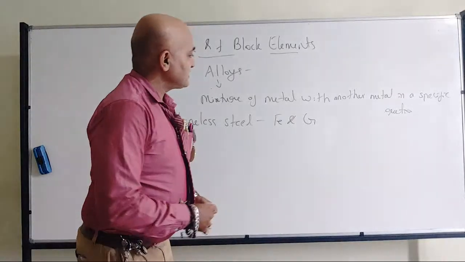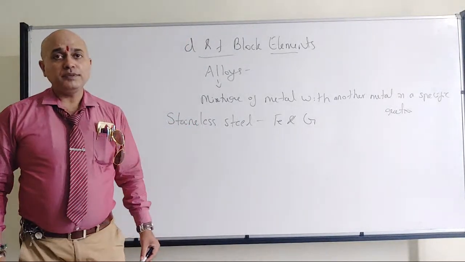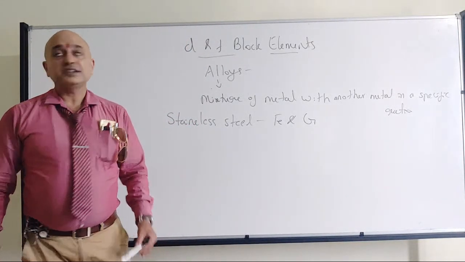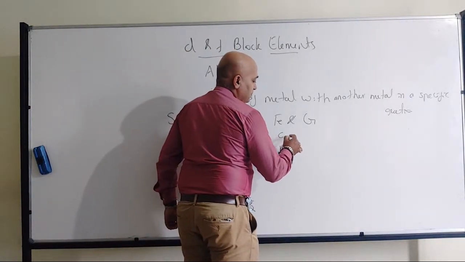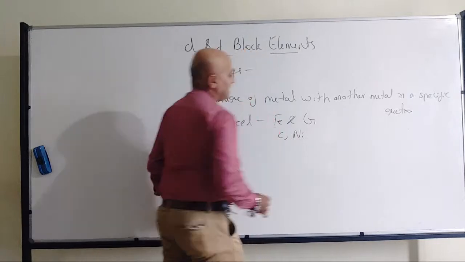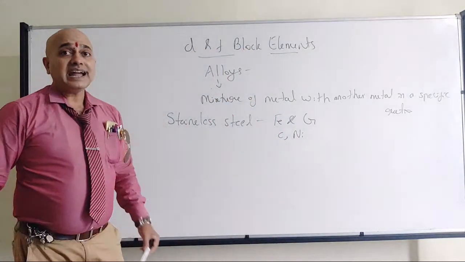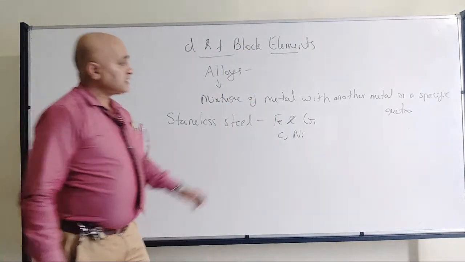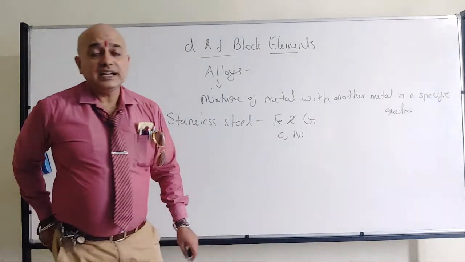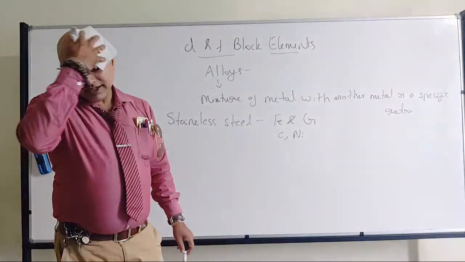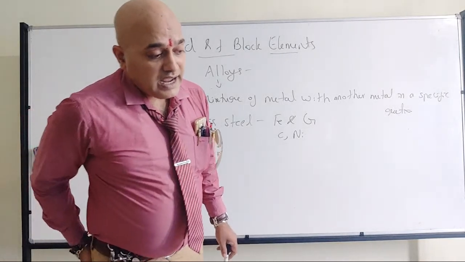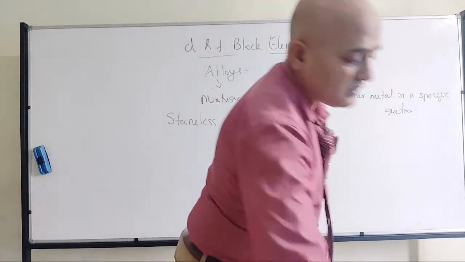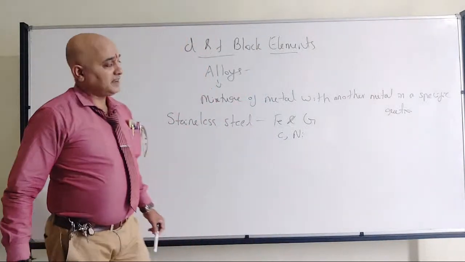So iron and chromium, these two are the transition metals, and to some extent they are in combination with carbon and even with nickel. Carbon is a non-metal, while nickel is another transition element. But the major portion will be taken care of by iron and chromium.